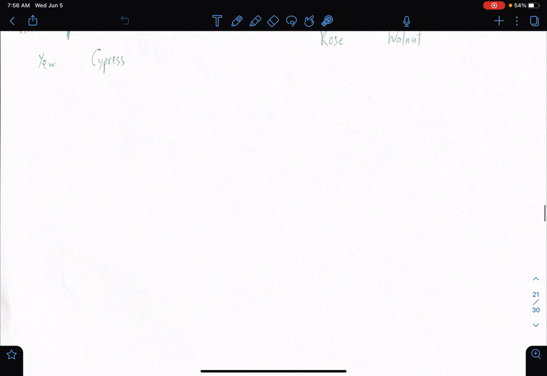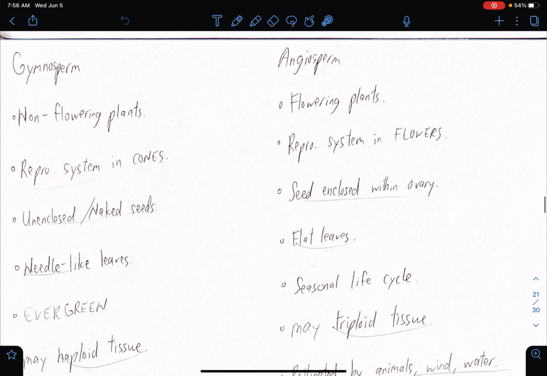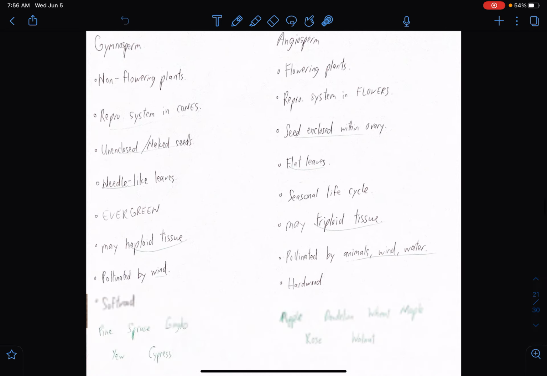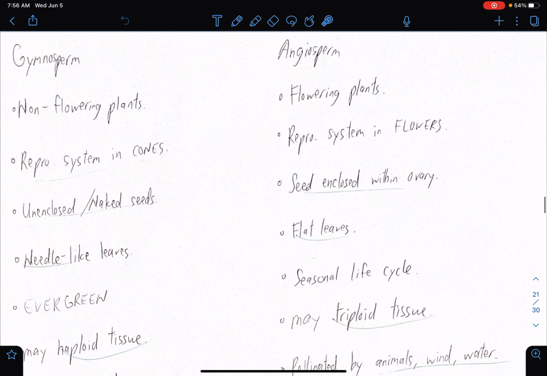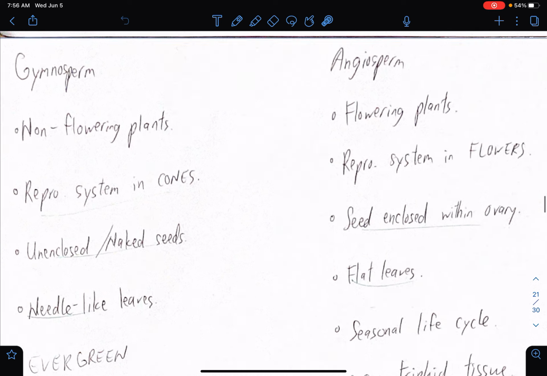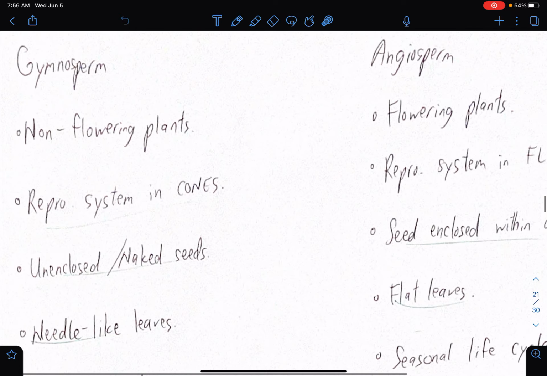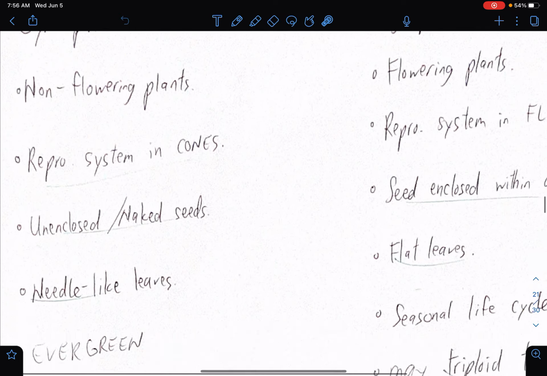Okay, I think we just went back to gymnosperms and angiosperms, but this is a summary of what was stated, with some additional information regarding the life cycle in particular. Let's start first with gymnosperms again. They are non-flowering plants. The reproductive system is in cones, and they have naked or unenclosed seeds, and the leaves are needle-like.